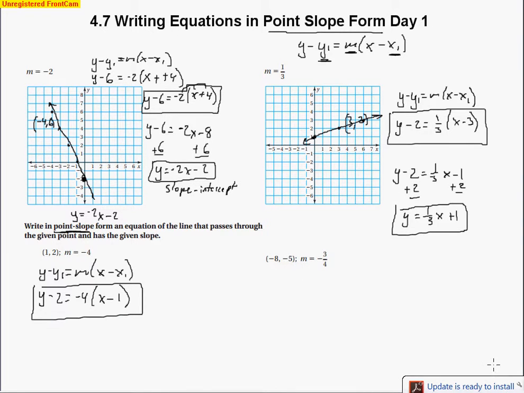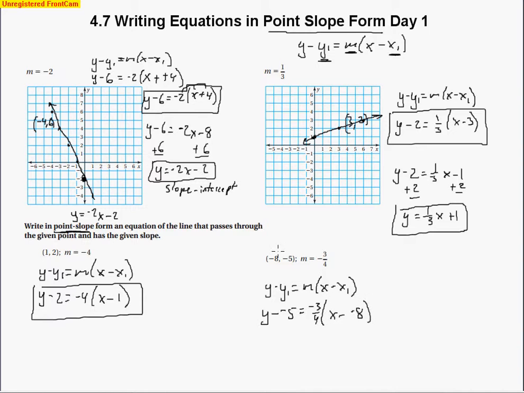Here it says we've got y minus y1 equals m times x minus x1. So I'm substituting in y minus negative 5 equals negative 3/4 times x minus negative 8. I just take the x value and put that in place of x1, take its y value, put that in place of y1, and take the slope and put it in place of m.